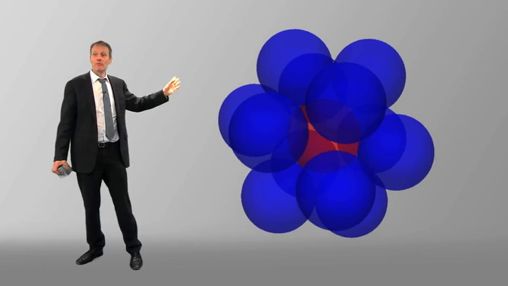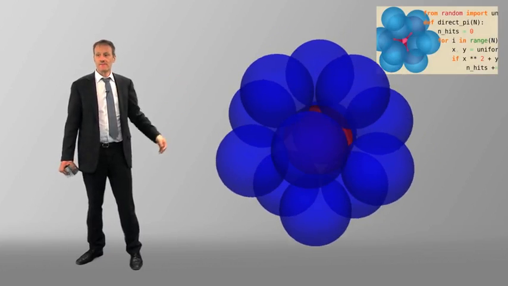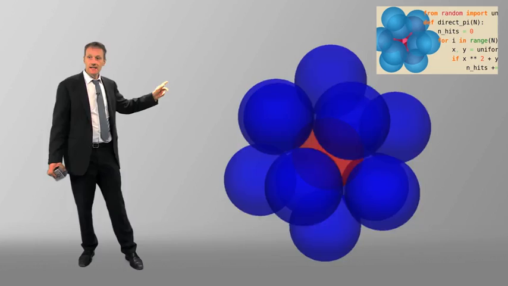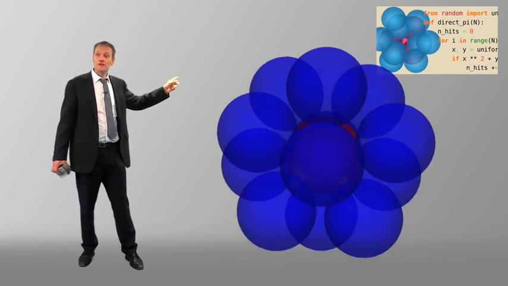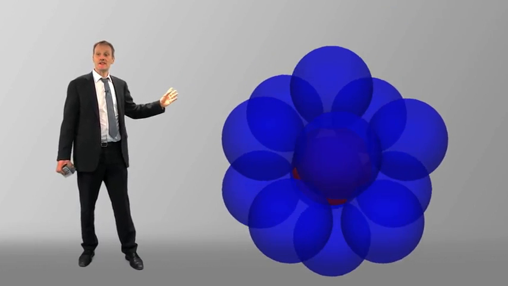For concreteness, we consider a problem that is familiar to all of you and to all of us. You know what it is? Well, it is the packing problem that builds the logo of our course. What you see here is a red unit sphere and a bunch of blue unit spheres around it.